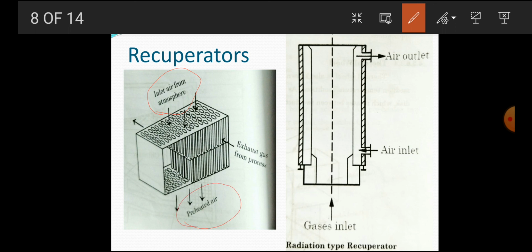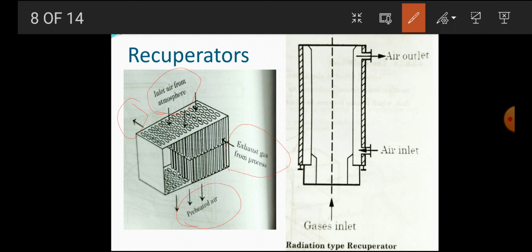The air is getting heat from the exhaust gases which are perpendicularly poured in and are moving outside. But what's the catch here? They are exchanging heat but they are not in contact.